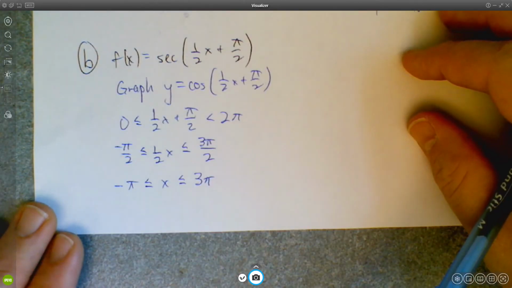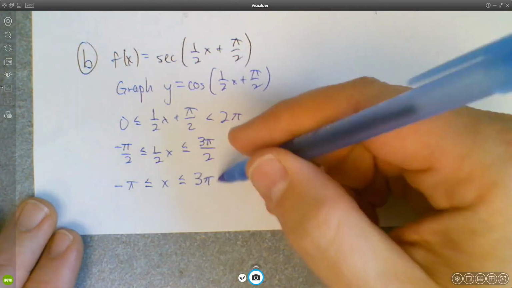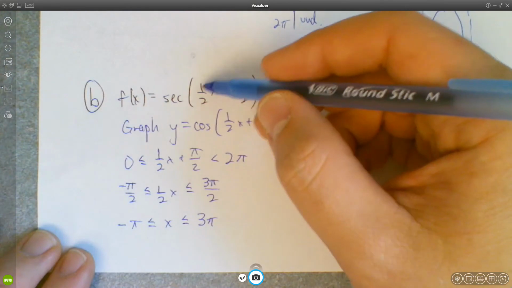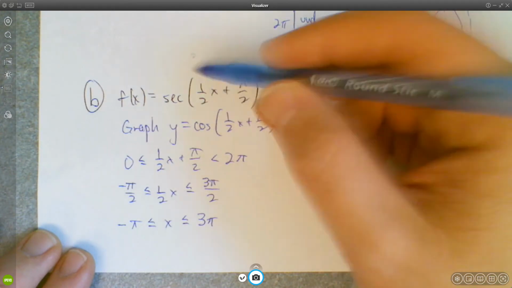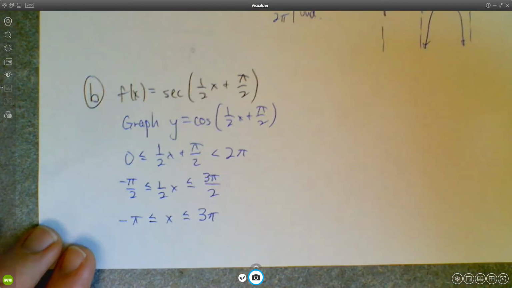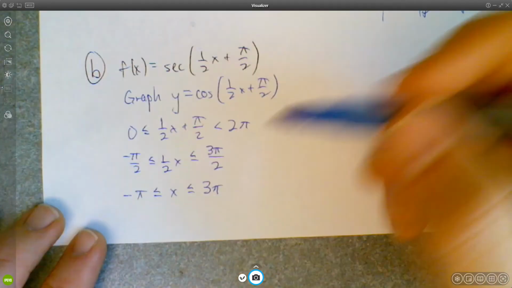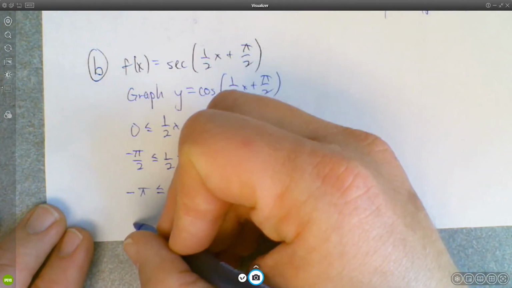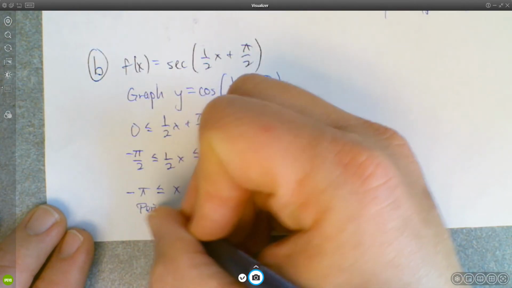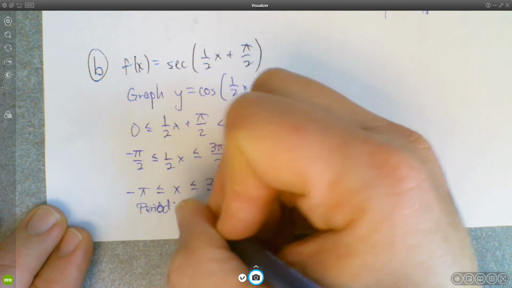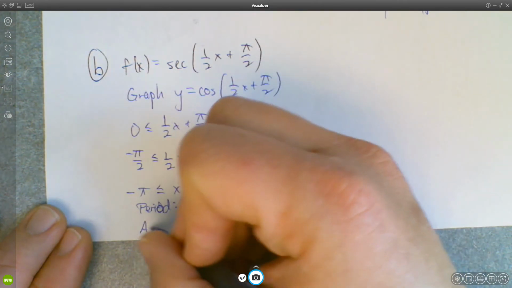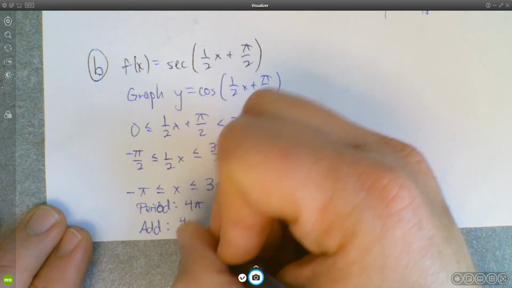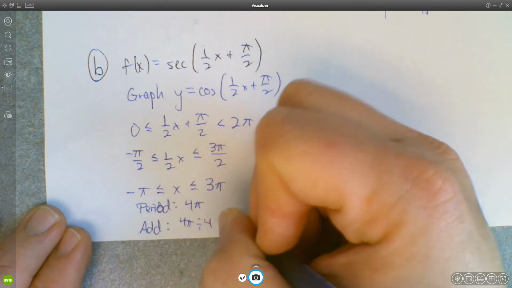So there you go. And then you can kind of tell, okay, so the period's going to be 4 pi. You could also have told that because 2 pi divided by 1/2 is 2 pi times 2, which is 4 pi. But anyway, so the period is 4 pi. So you're going to add 4 pi divided by 4, which is just pi.